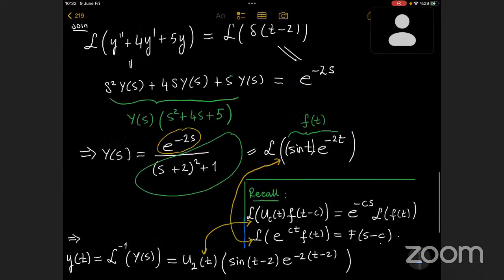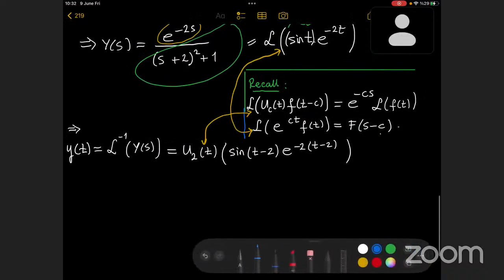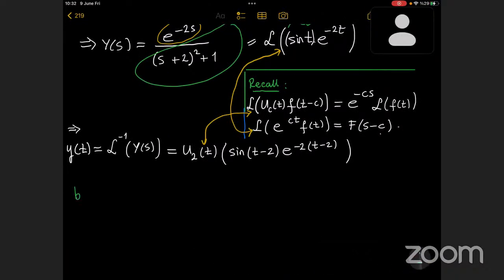Okay, part B here. Now let's take a different G. G of t is equal to u_3(t) times t minus 3.